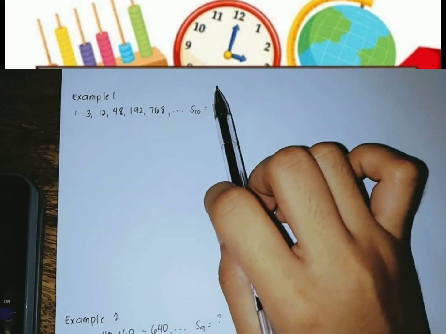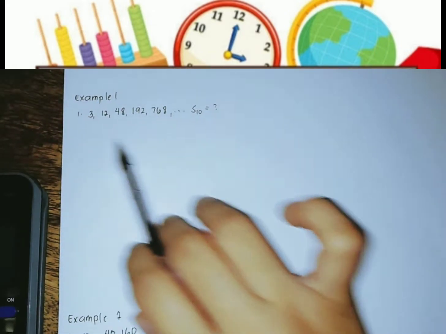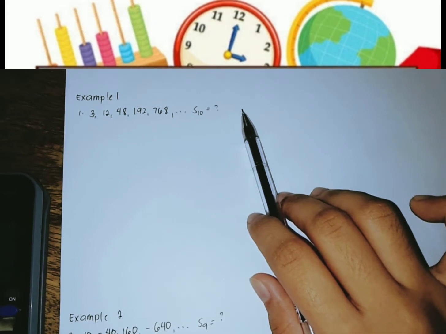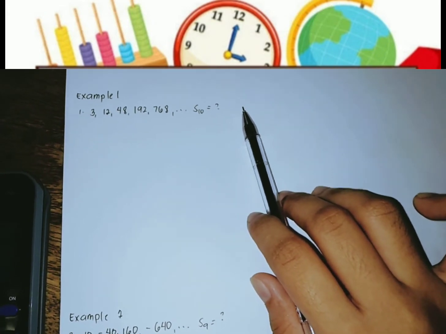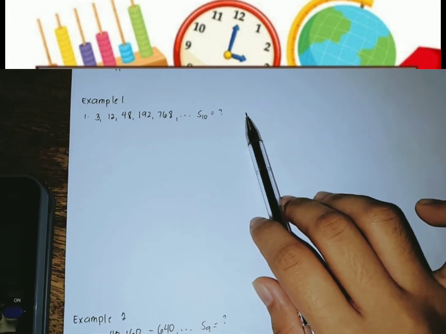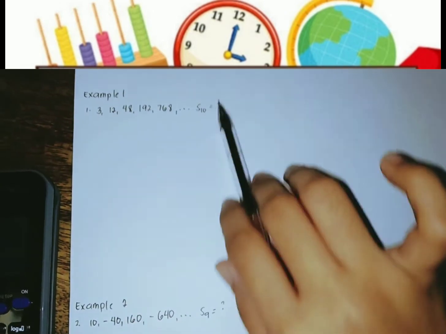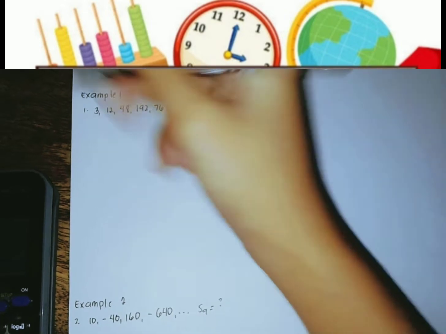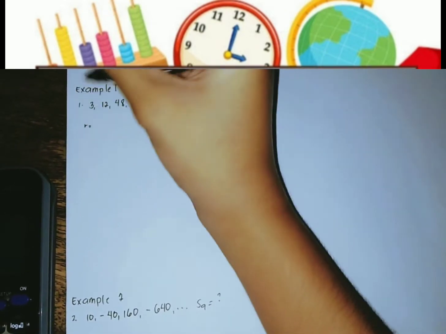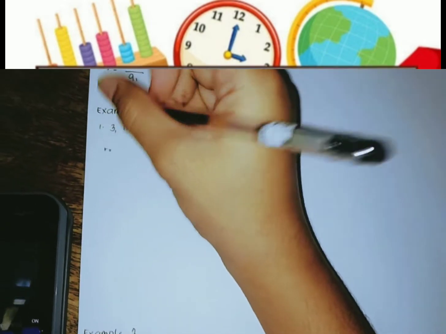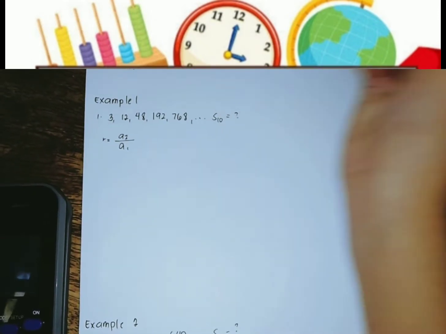In starting example number 1, we will first find the ratio of this given geometric series. So r is equal to a sub 2 divided by a sub 1.